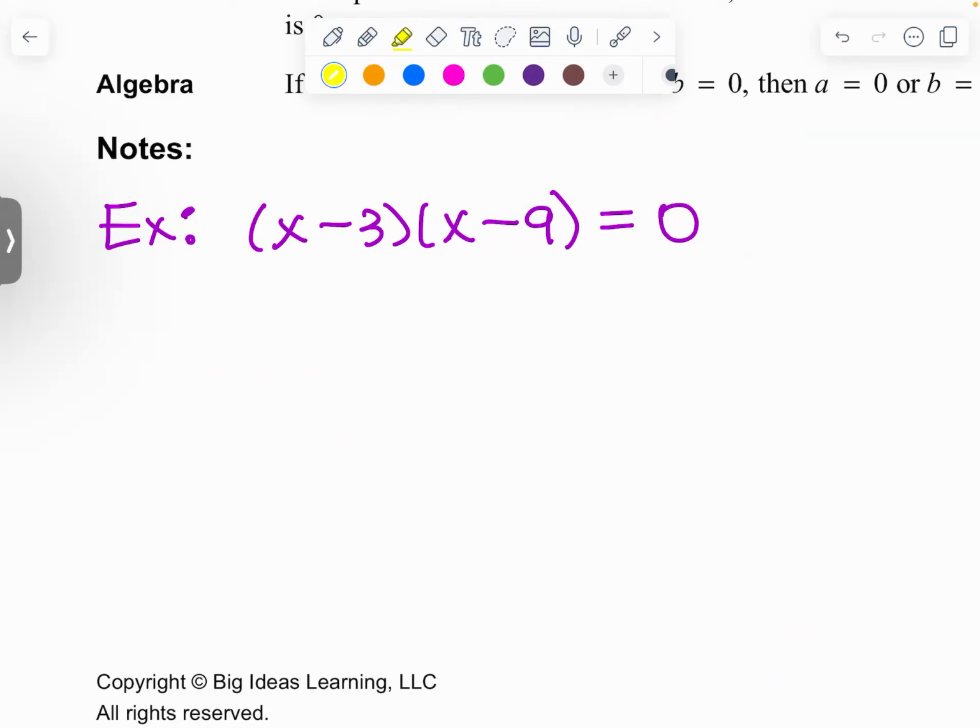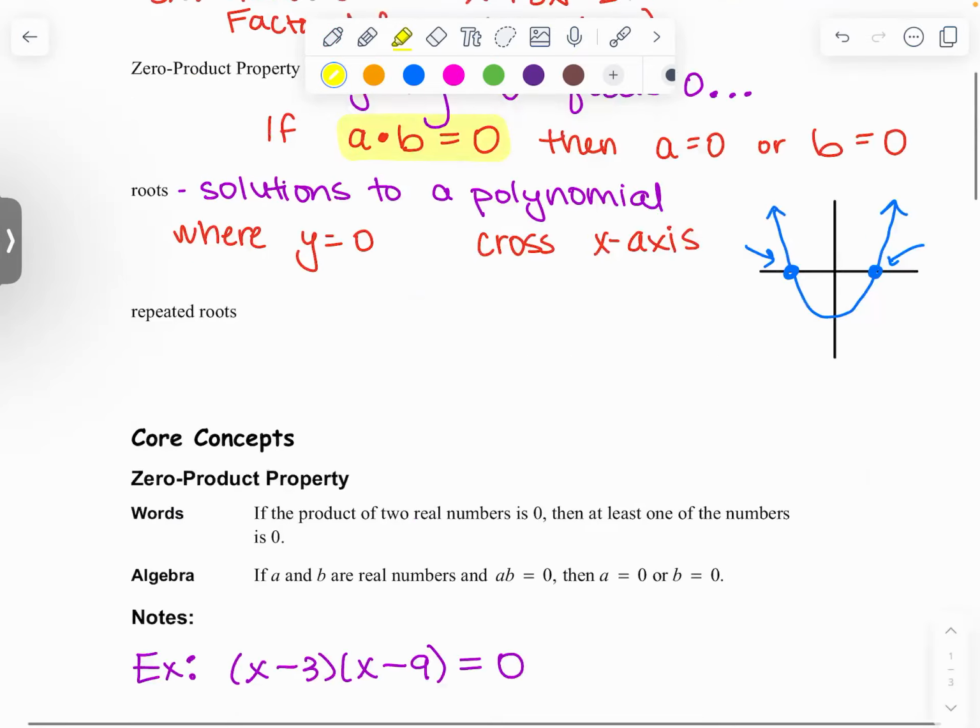Kyron, is there another number that would work? 3 would also work, because we would have 0 times negative 6. So let's talk about how we can figure out that 3 and 9 are our answers. Let's come back up to here.